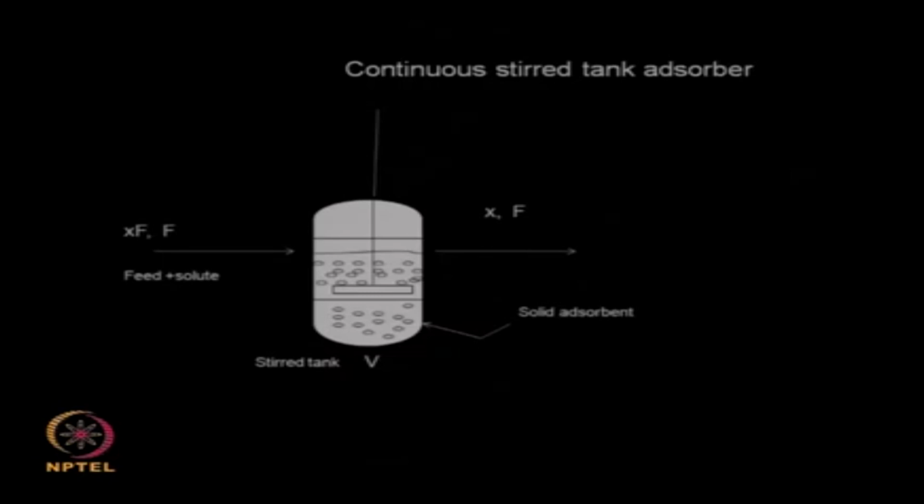The solute gets adsorbed and the stream that is leaving will have less of the solute. So x will be less than xf, where x is the concentration in the tank.